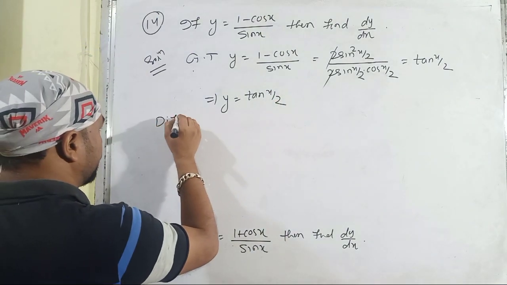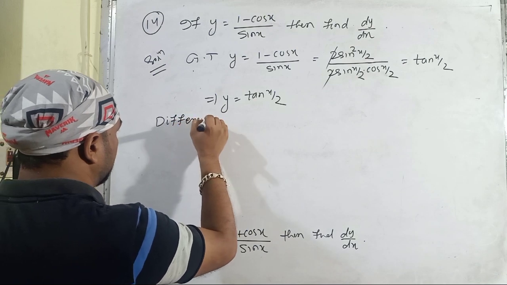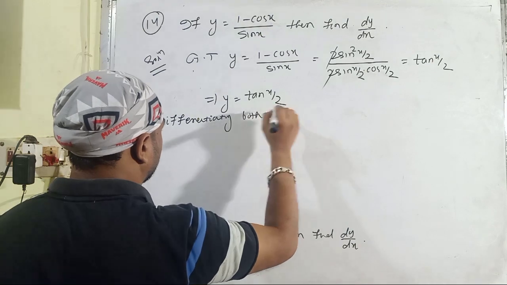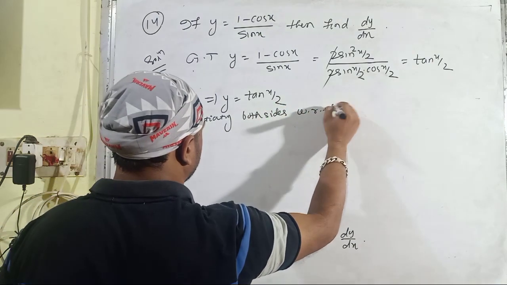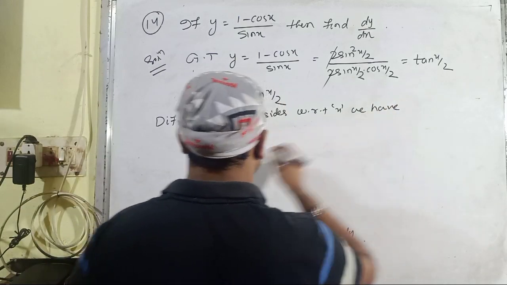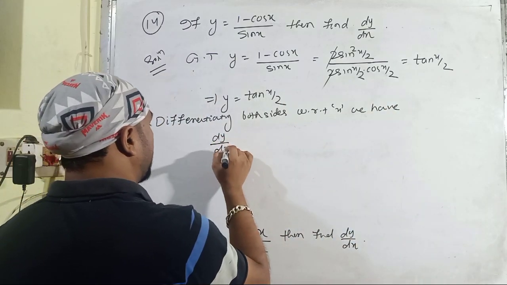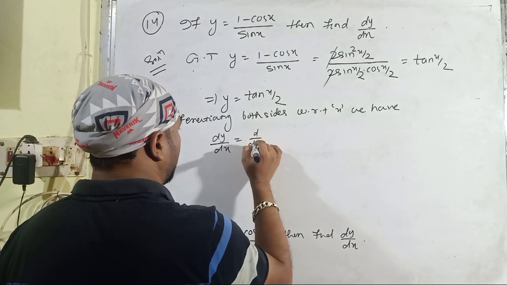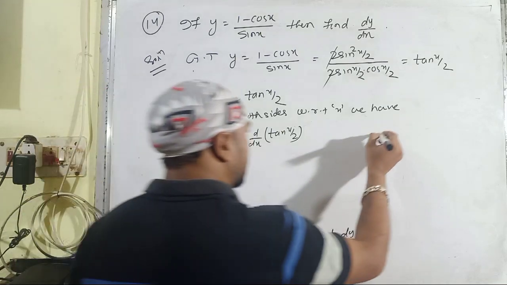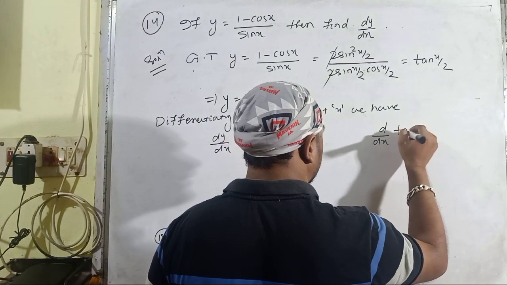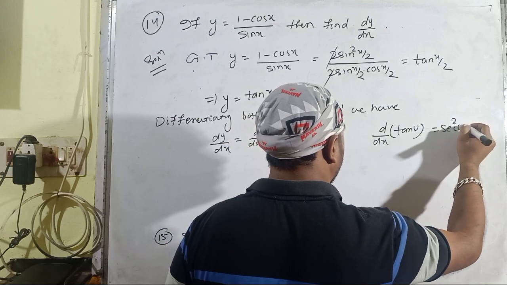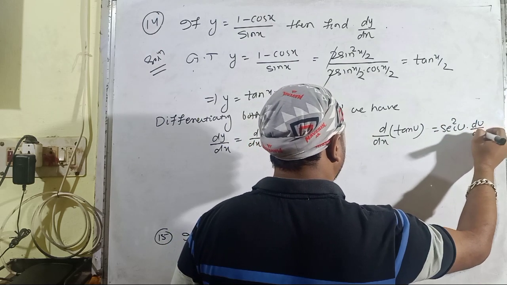Differentiating both sides, we have the differentiation of y with respect to x, which will be the differentiation of tan x by 2 with respect to x. So here we have to apply the differentiation of tan u with respect to x, and that is sec square u multiplied with du upon dx.